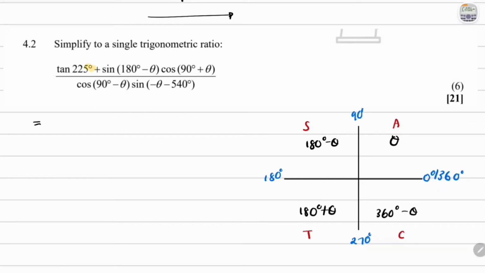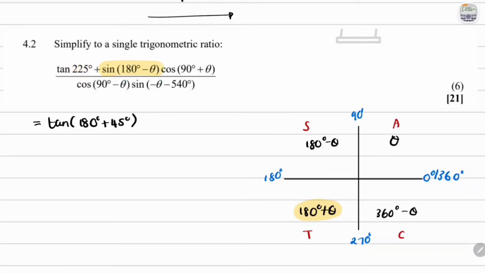So where would 225 degrees fall? That is greater than 180, but less than 270. So what we're going to do here is say tan of 180 degrees plus what is going to give us 225. And that would be 45.